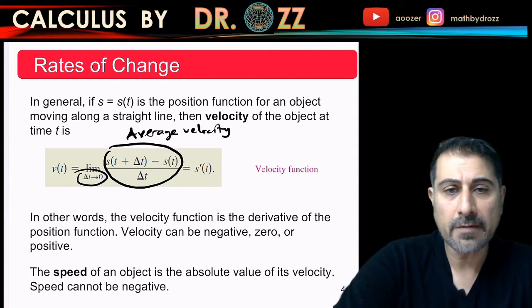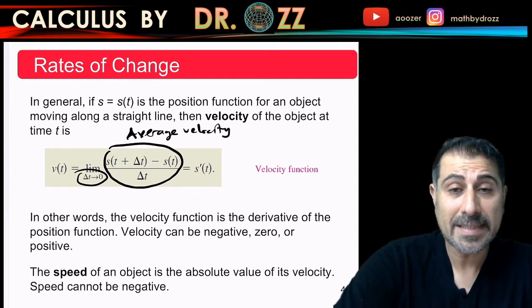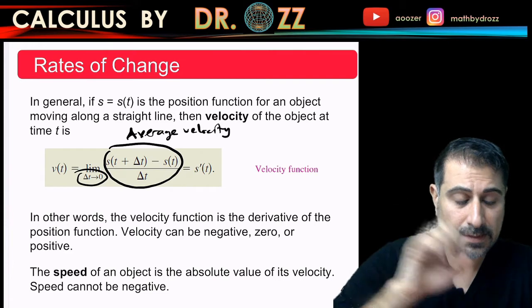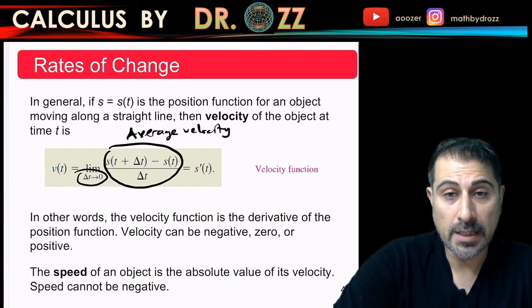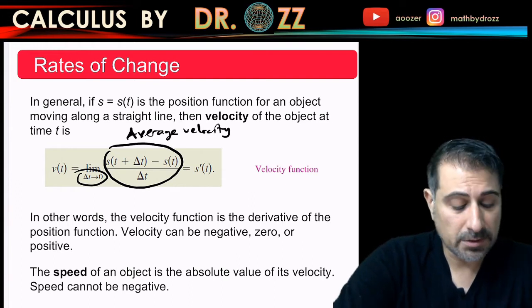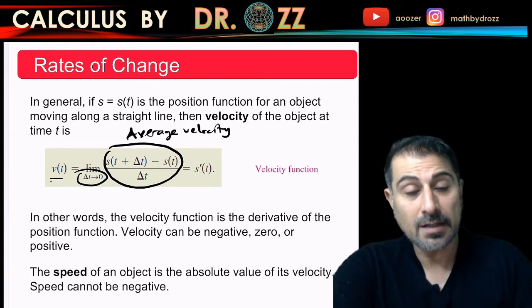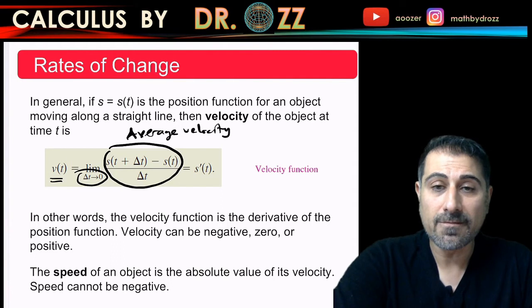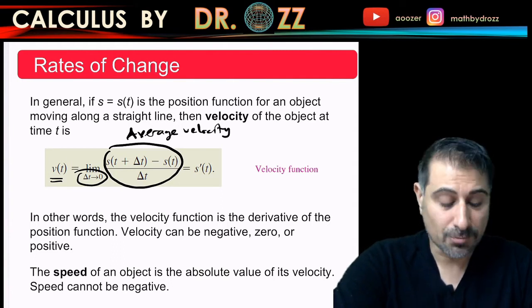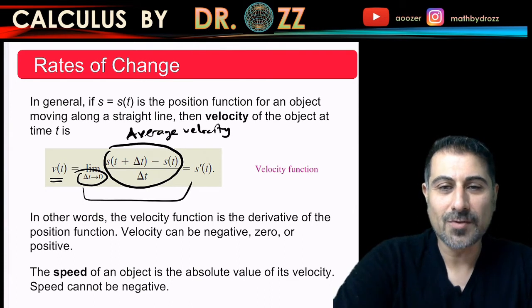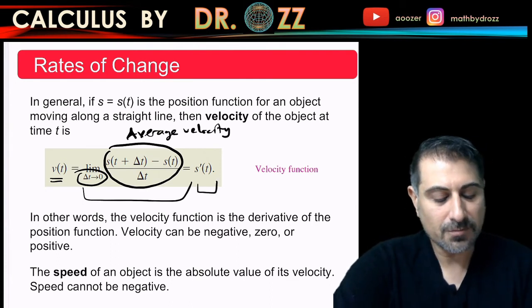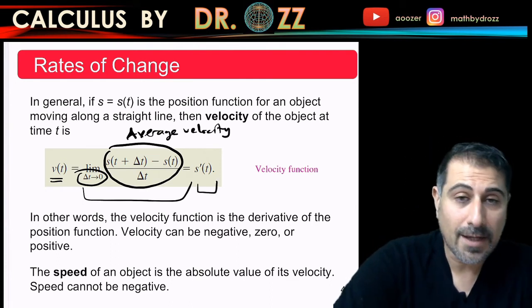If you want to find the instantaneous velocity over that little time interval, you calculate the average velocity and let delta t go to zero, and that's going to be the instantaneous velocity. In fact, that is the derivative, because this is the definition of the derivative. So this is in fact the derivative of the displacement or position function.